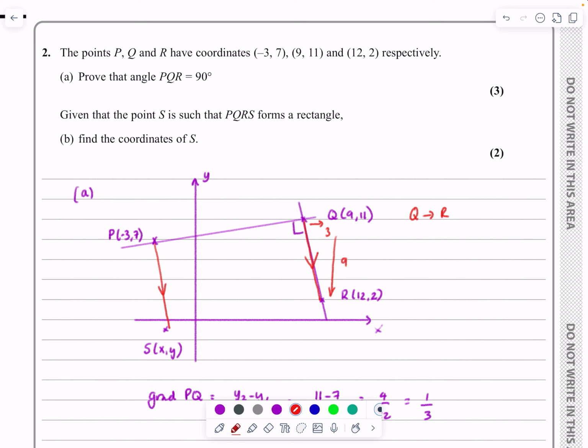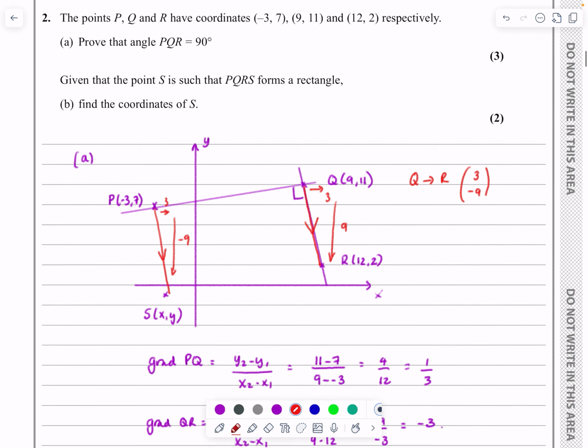So if I have 3, -9 as my translation there, I'm just going to apply exactly the same translation there, and that's going to give me the point there.